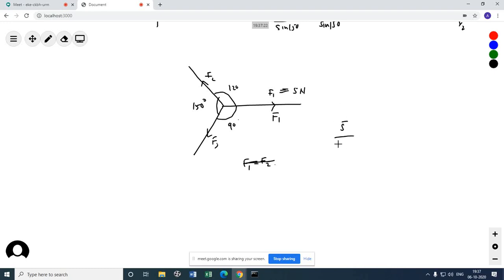Then you can write 5 by sine 150 is equal to some constant, 5 by sine 150 is equal to F2 by sine 90, F2 by sine 90. Similarly, it should be equal to F3 by sine 120. Anyway, you got the picture.